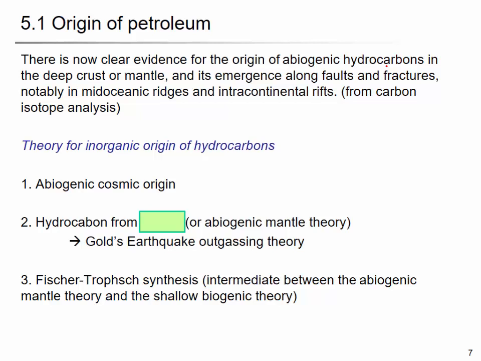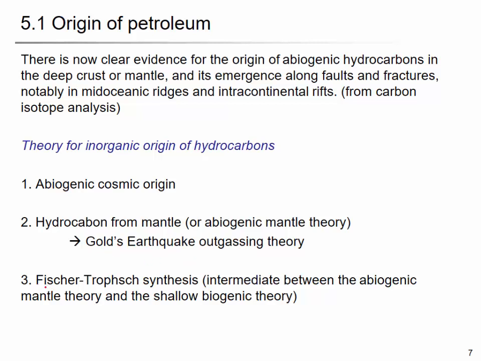Why do you have hydrocarbon deep inside the Earth? That was the question that geologists wanted to answer. So they proposed three theories for the inorganic origin of hydrocarbon. First is the abiogenic cosmic origin, and the second is that the hydrocarbon is from the mantle, the abiogenic mantle theory, also called Gold's earthquake outgassing theory, which was suggested by Gold.